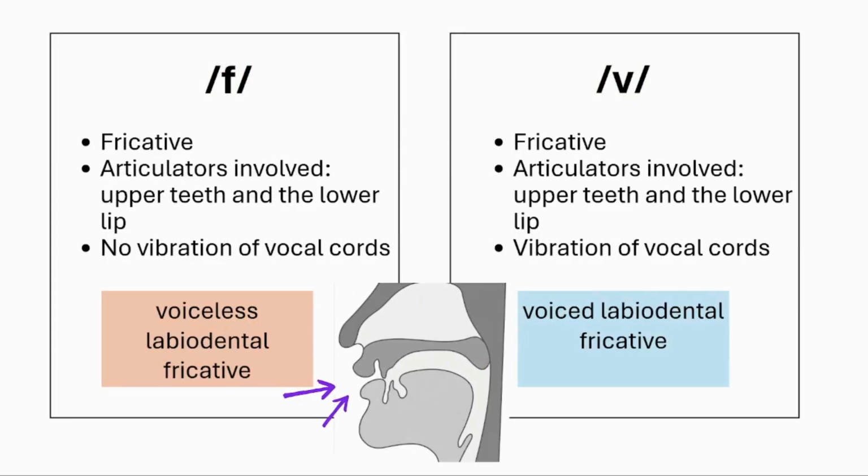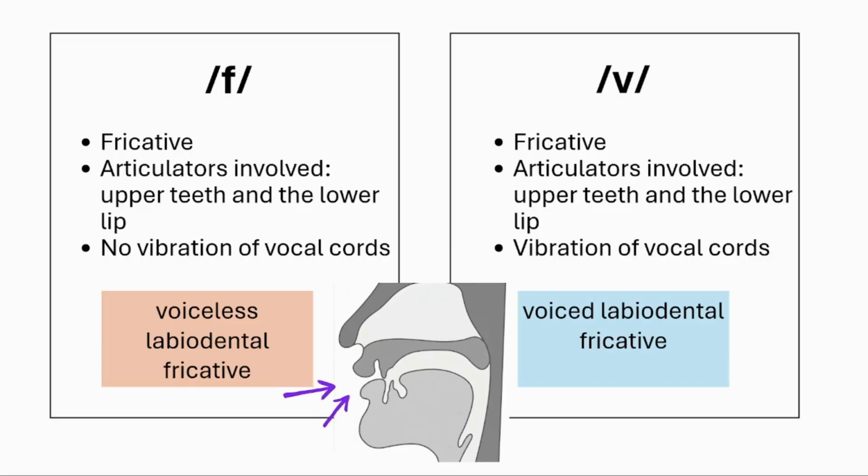As I mentioned before, there are 4 pairs of fricative sounds in which one sound is voiceless and its counterpart is voiced. This is the first pair, the sounds f and v. So let's analyze the first one. The first sound in the word fun or fan.